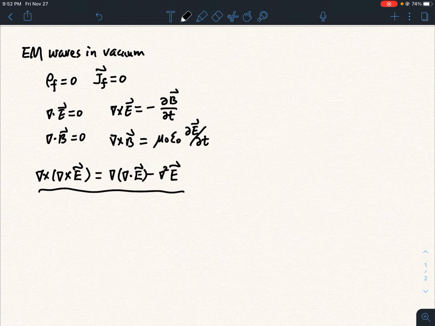I already discussed this equation when we talked about vector analysis.